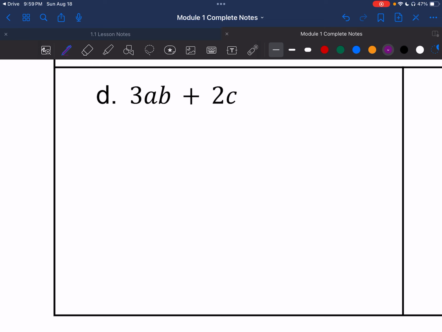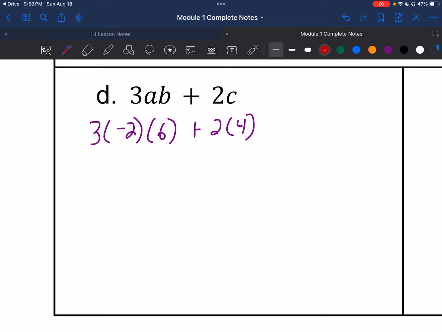So first off, letter D, we've got 3AB plus 2C. So we're going to substitute in what we know. So we have 3 times A, which is -2, times 6, plus 2 times 4.